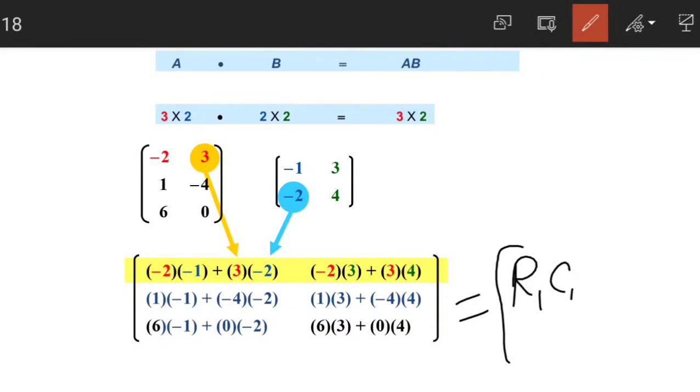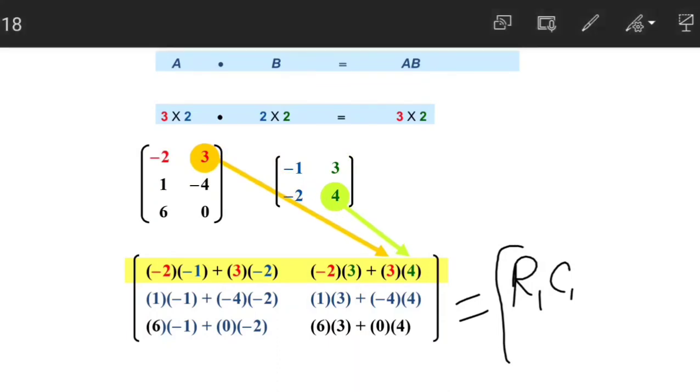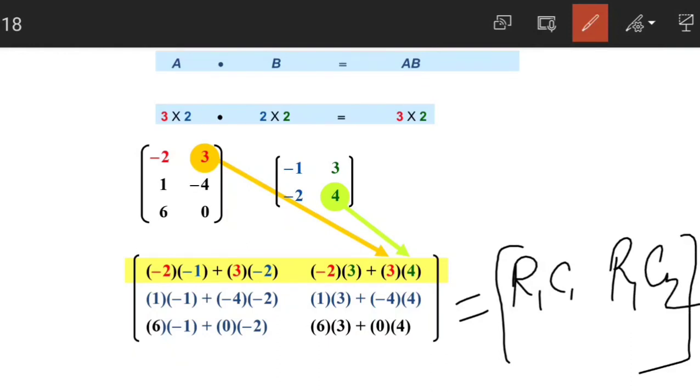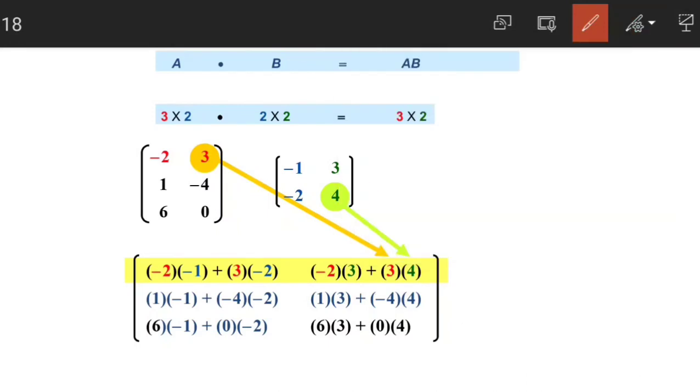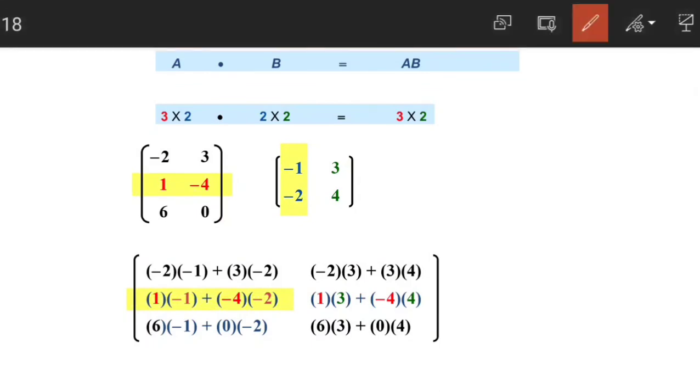What is the next element? The next element is minus 2 into 3 plus 3 into 4. And that is nothing but R1C2. Similarly, R2C1, R2C2, R3C1 and R3C2 in this way. This is the first row of the product AB. Now I can write the matrix here.